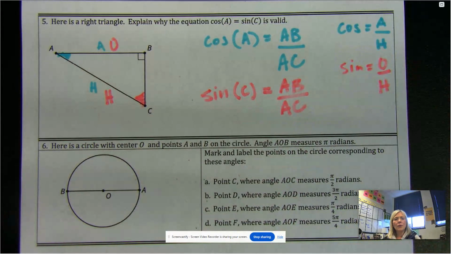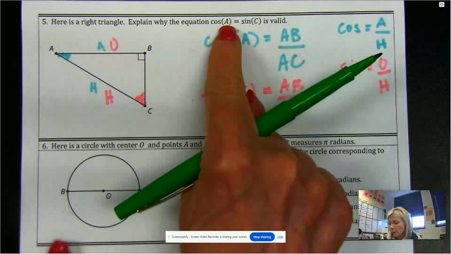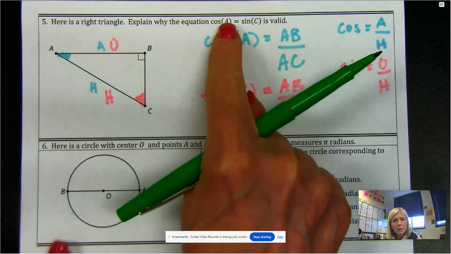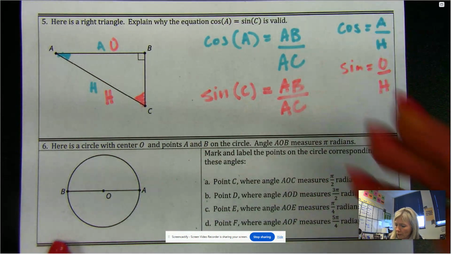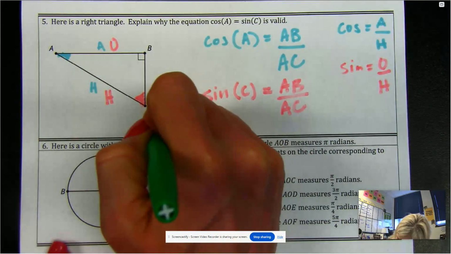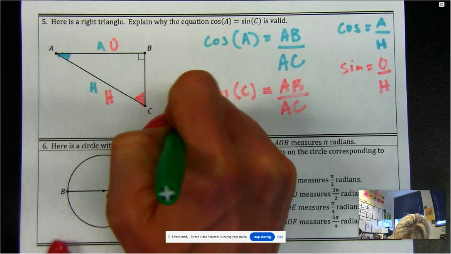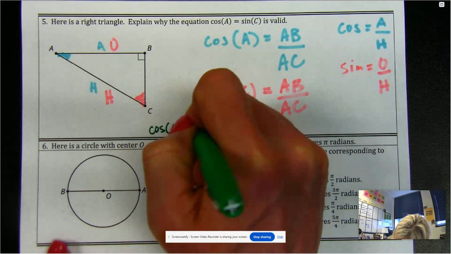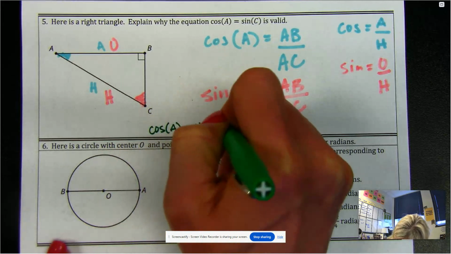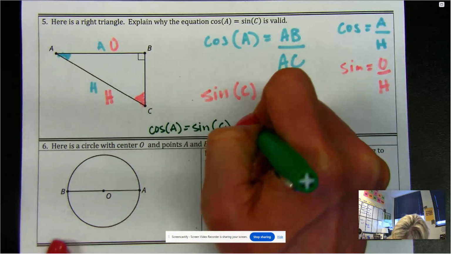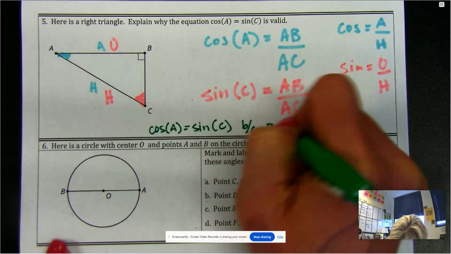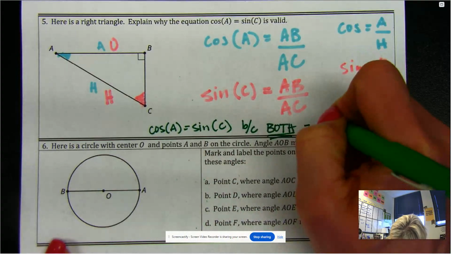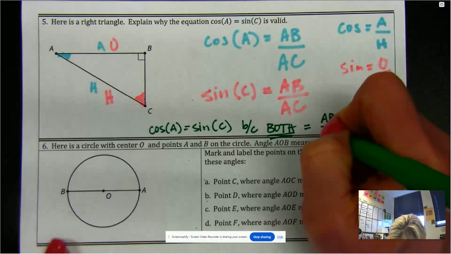And so I think we can say that this equation is valid because they are both equal to AB over AC. So the cosine of A equals the sine of C because both equal AB over AC.